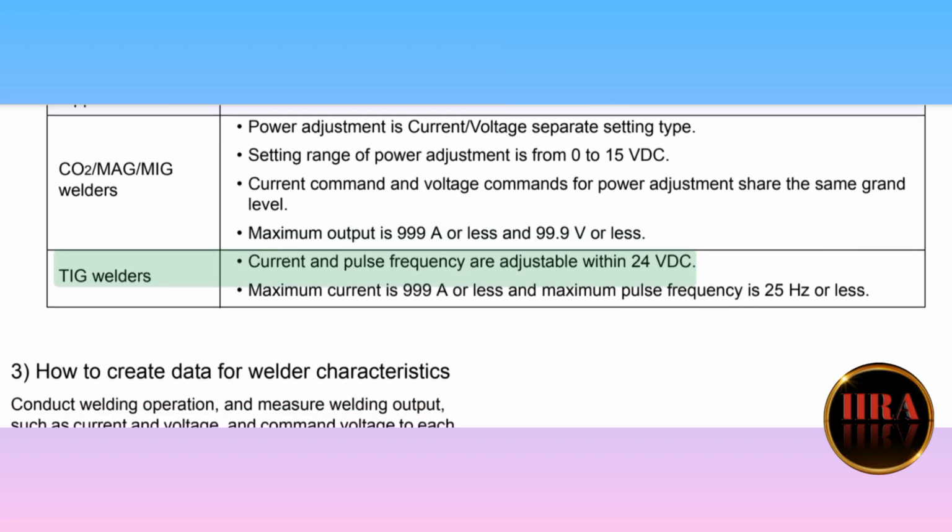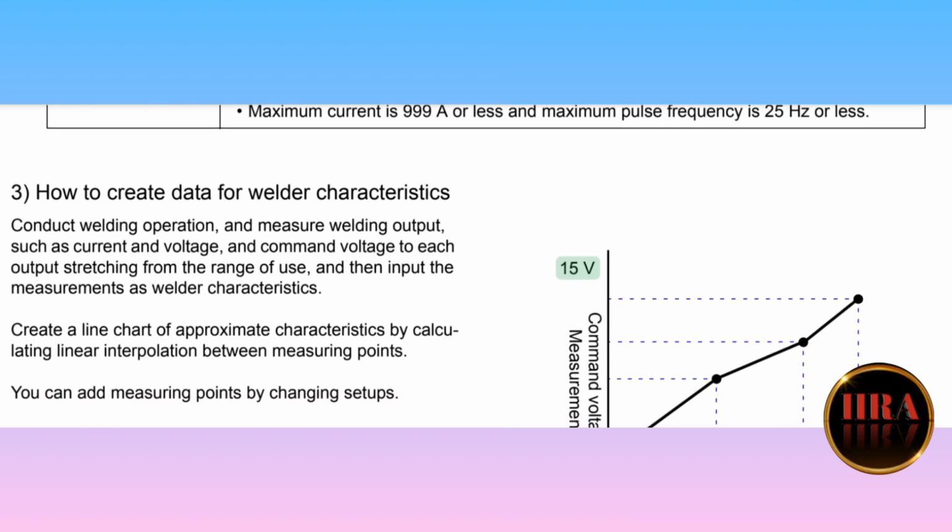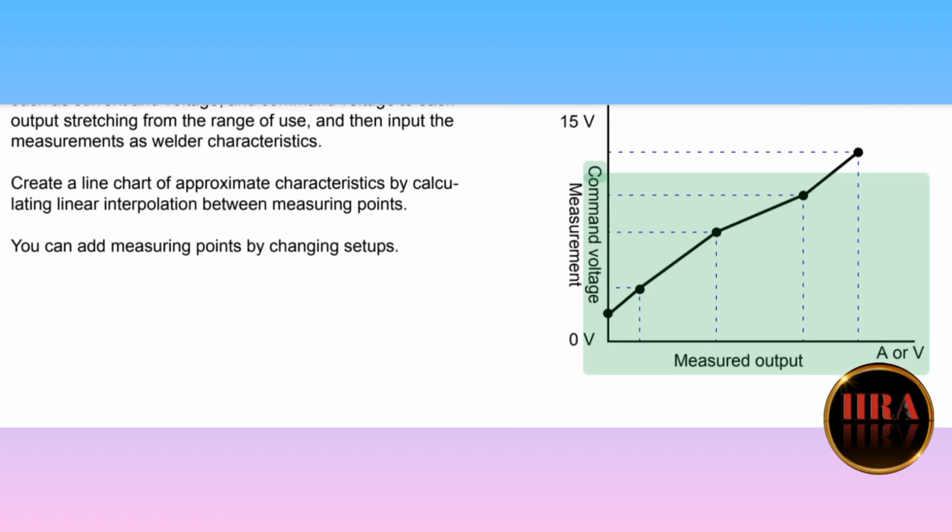TIG welders: current and pulse frequency are adjustable within 24 VDC. Maximum current is 999A or less and maximum pulse frequency is 25 Hz or less. 15 volts. COM and voltage measurement. 0 volts measured output A or V. Arc welding machine settings.